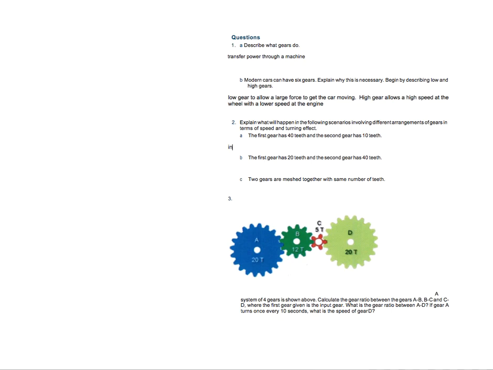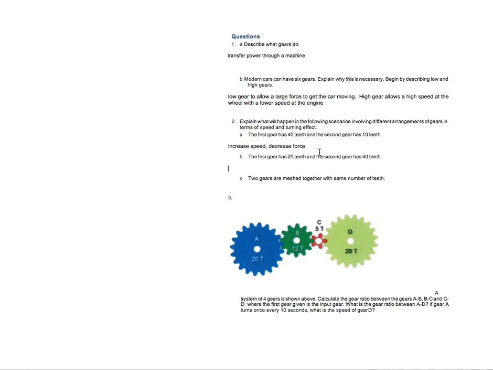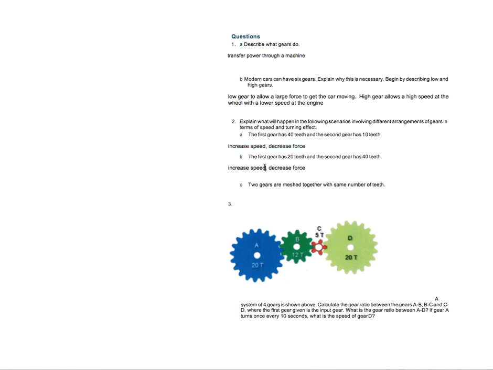So increase speed and decrease the force. And then if we had 20 teeth and then 40 teeth, well, you'd do the opposite, wouldn't you? You'd increase the force and decrease the speed.